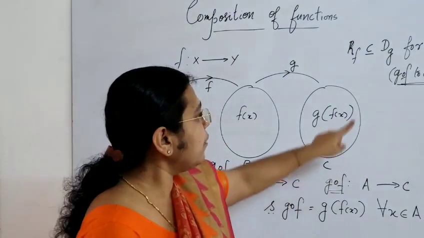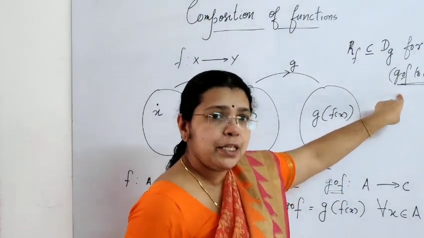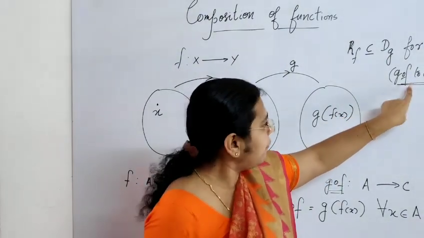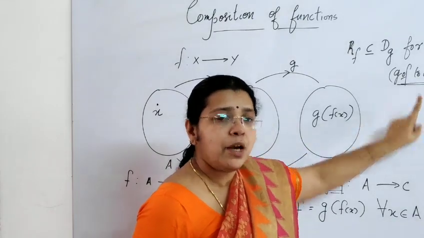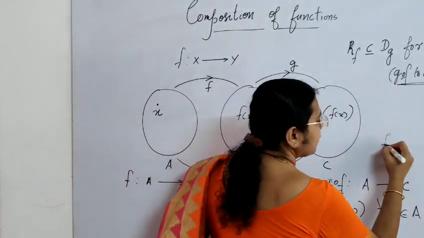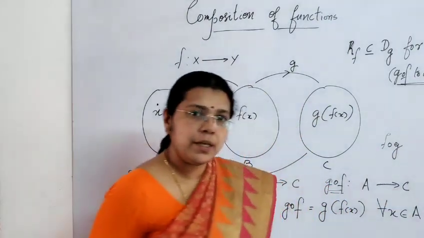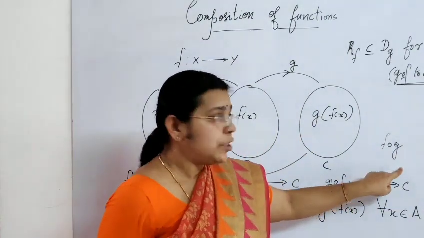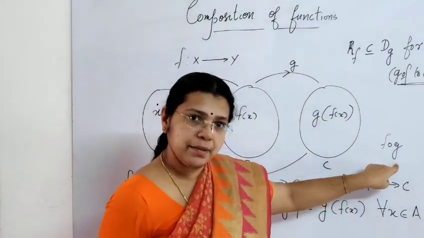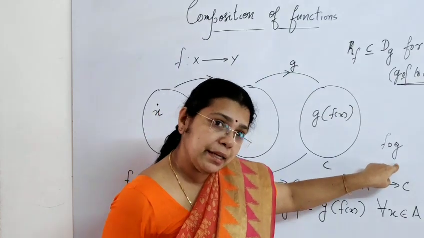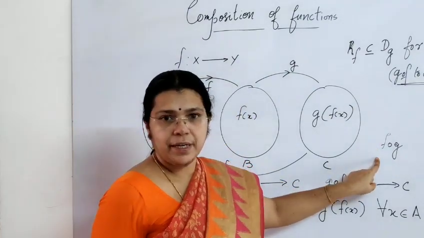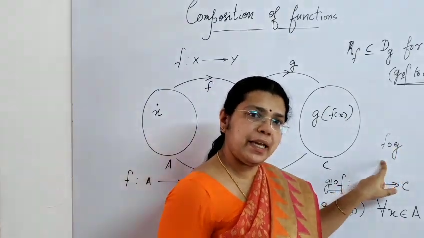I repeat, GOF means f is a function that is acting first. What about FOG? FOG means G is acting first. The function G is acting first and then f.